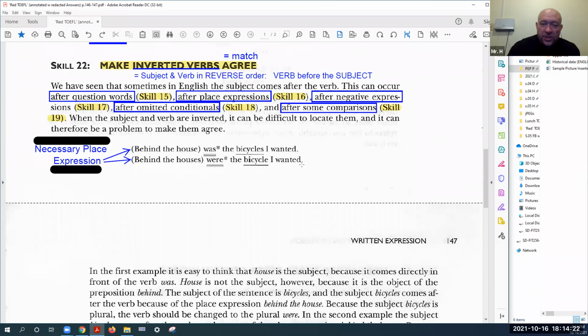That means this prepositional phrase is necessary or optional? Necessary. Yes. And after it, what should we do? First the verb, and then the subject. Now, what's the problem here? Is it the word order? Do we have a problem with the word order?